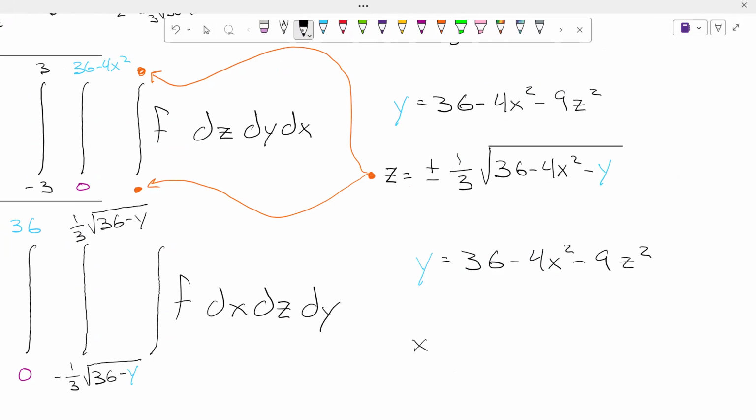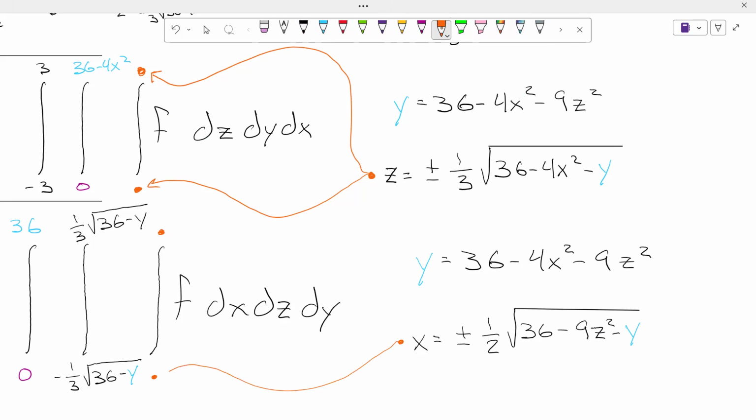And much the same work that we'll see above, x is going to be plus or minus 1/2 the square root of 36 minus 9z squared minus y. Again, we'll look at just putting some orange dots around and say that these two limits go here.